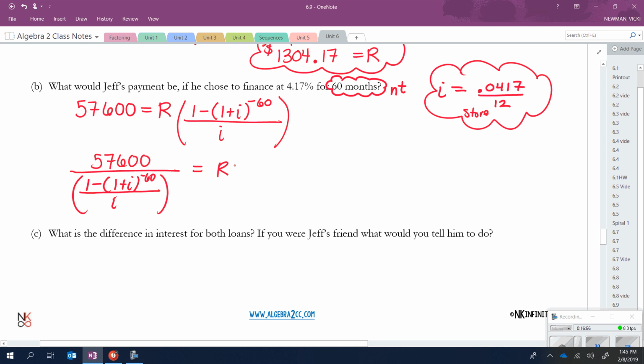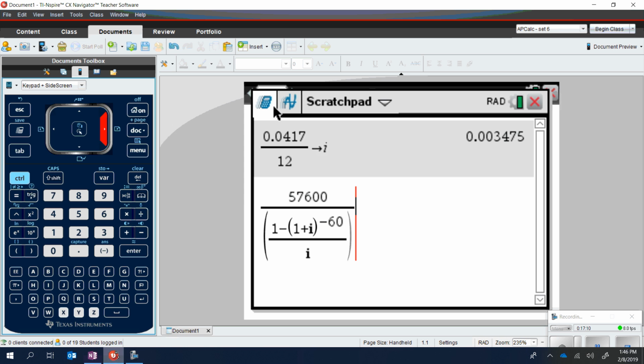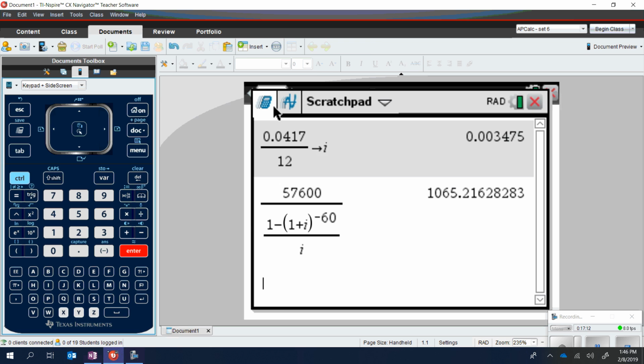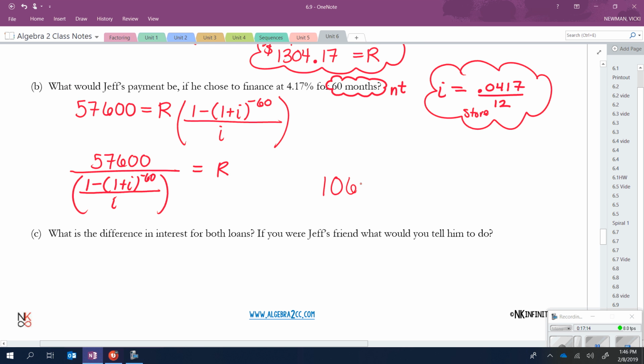How much does it change his payment? It should decrease. Decreases to what? Go ahead. 1,065 and 22 cents. So, does that help?